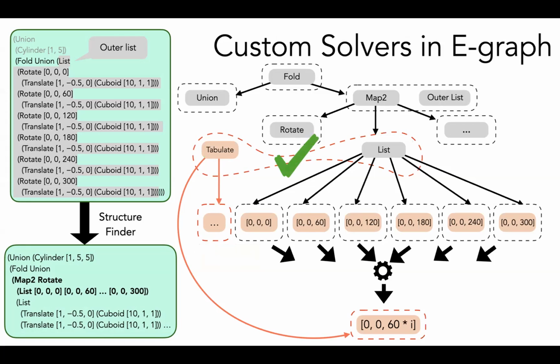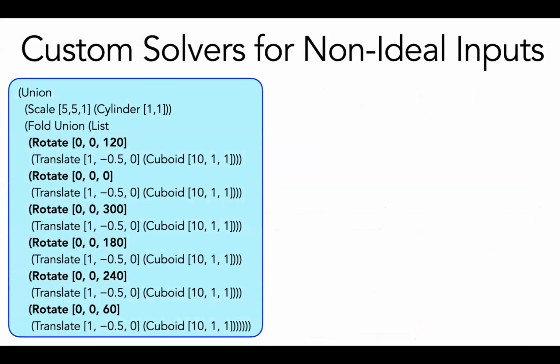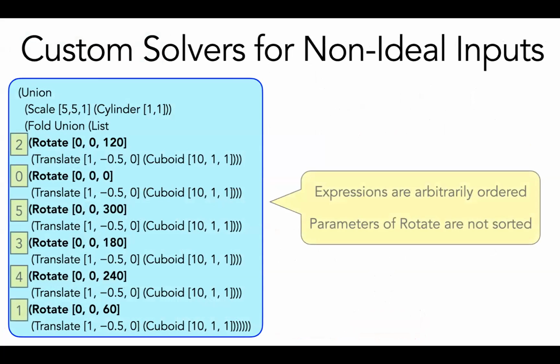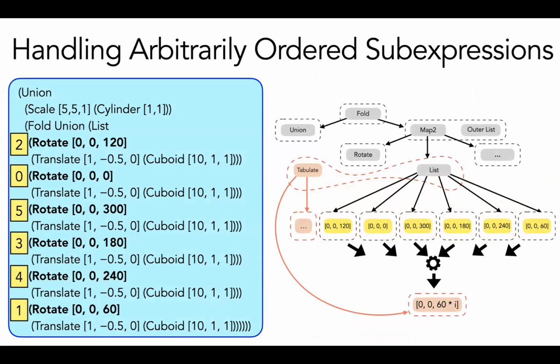Everything is hunky-dory. Now, you should be a little bit suspicious though. This is, at a high level, how it works, but the problem is that the list we gave the solver was sorted. And we just got done saying how these decompilers can produce their resulting program in any order, right? So this isn't going to work in general. So how are we going to handle things when the program we start with has arbitrarily reordered sub-expressions? Well, if we just take this approach where the arguments of the solver are in order, the solver's not going to be able to find a nice closed form tabulate that works.